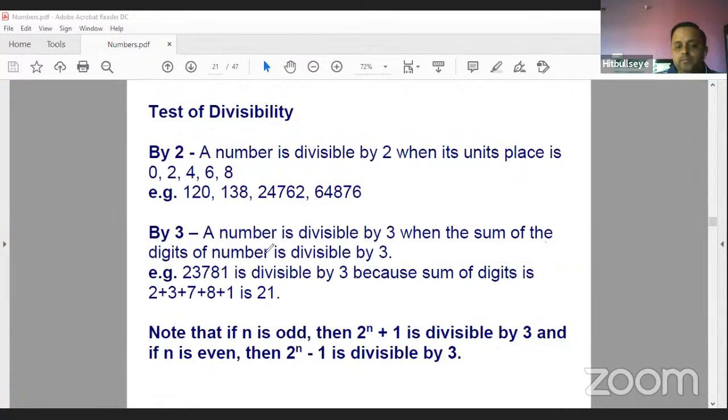Now for 3, a number is divisible by 3 if the sum of the digits of that number is divisible by 3. For example, let's say this number 583,215 is the number with us.